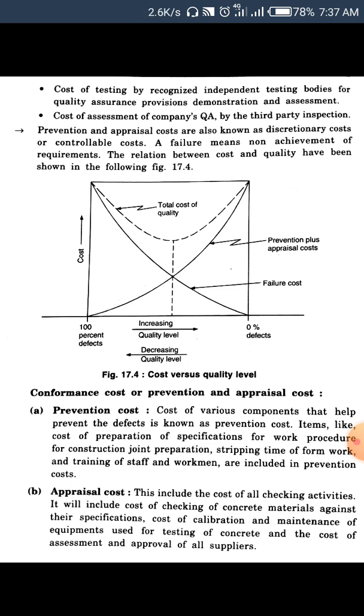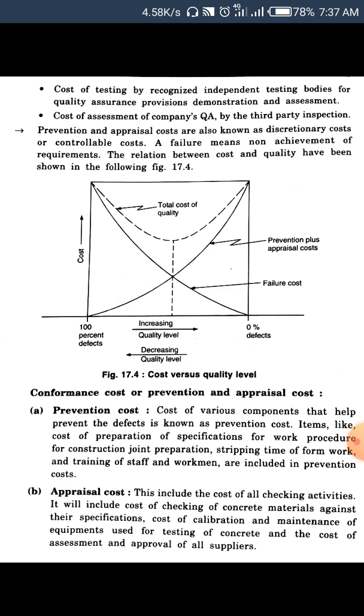When the quality level is increased, the cost is increased. And if the quality level is decreased, the overall cost is decreased. So here is the cost performance of prevention and appraisal cost.